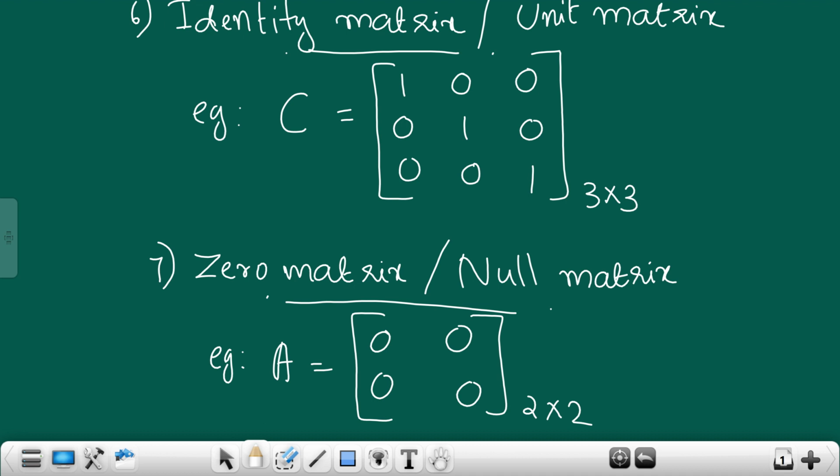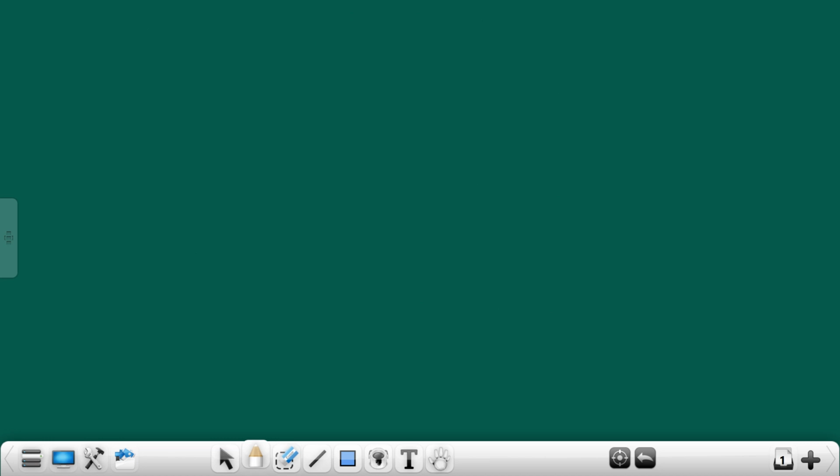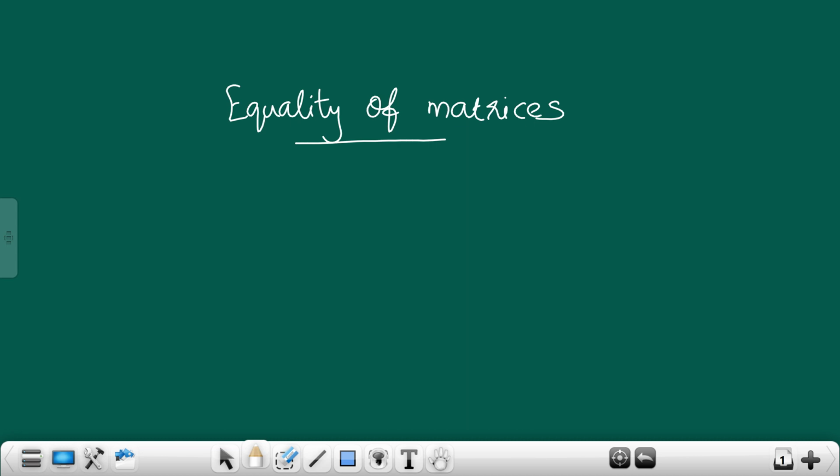Next, we move on. Equality of matrices. Two matrices are said to be equal if they are of the same order and the corresponding elements are equal.